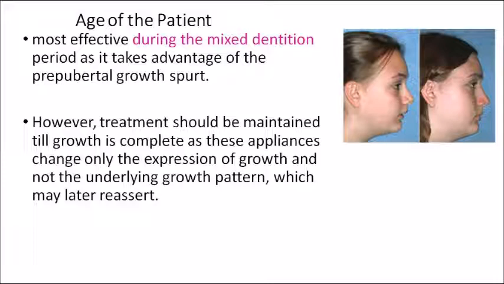Hence once you place an appliance, it should be retained until the growth spurt is completed or until the permanent dentition stage is reached, or you can modify the orthopedic appliance as a retainer so as to prevent the relapse.